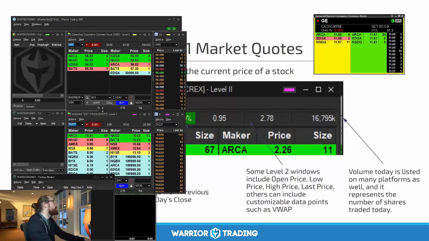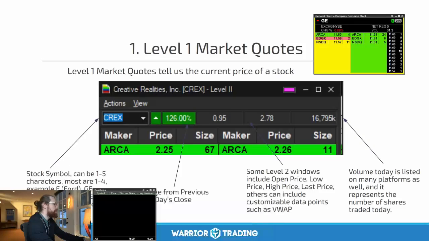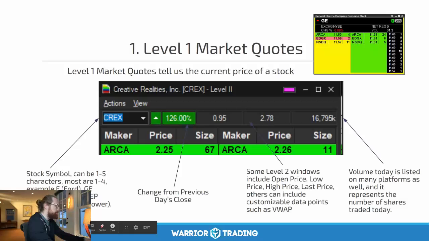So this will show a Q for NASDAQ, N for NYSE, A for American Exchange, Amex. I'll just move this window out of the way for now. And then total volume on the side. And remember that the volume is always abbreviated by adding the K instead of adding the additional zeros. So that's very common.